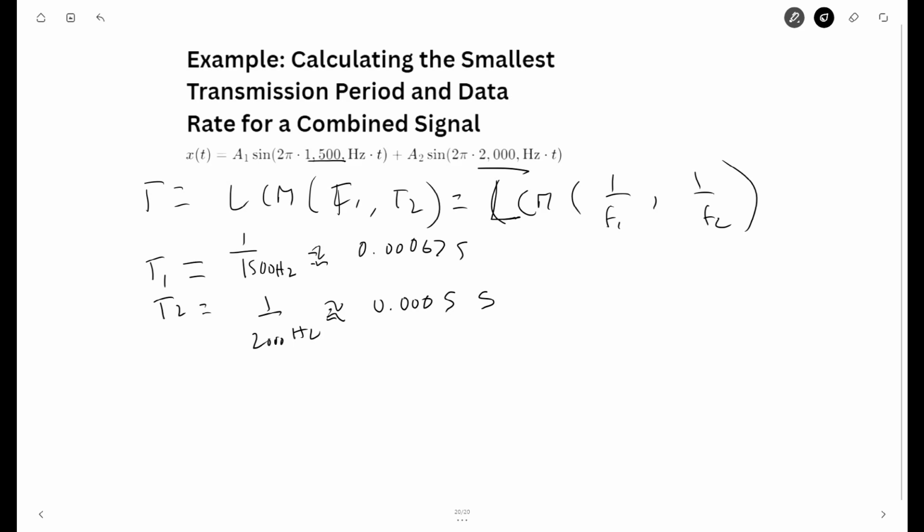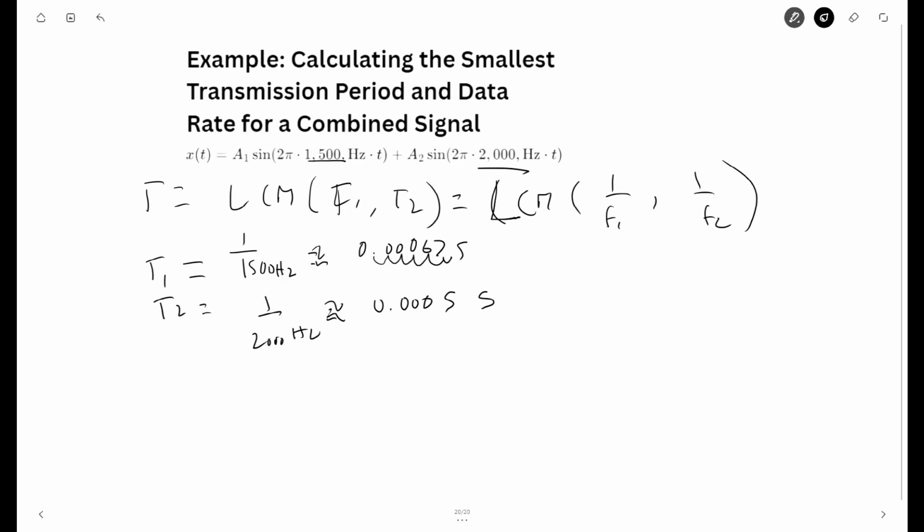And we need to find the LCM of T1 and T2, but right now we have decimals. To simplify, we're going to convert both periods to a common unit. We can call them microseconds. So we move the decimal place to the right 6 units: 1 2 3 4 5 6.